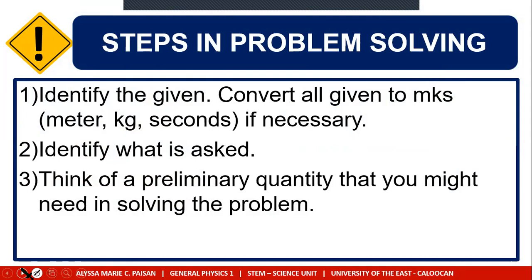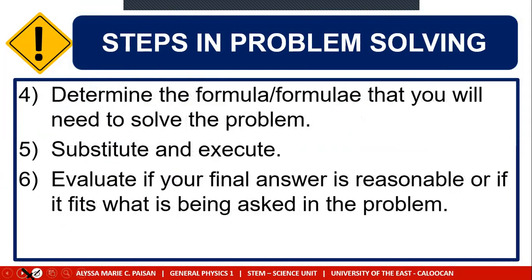Think of a preliminary quantity that you might need in solving the problem, meaning there are problems wherein before you come up with the final answer, you have to solve for one more quantity which is not given in the problem. Number 4, determine the formula or equation that you will need to solve the problem. Number 5, for the solution, you have to substitute and execute, meaning you're going to use your calculator here.